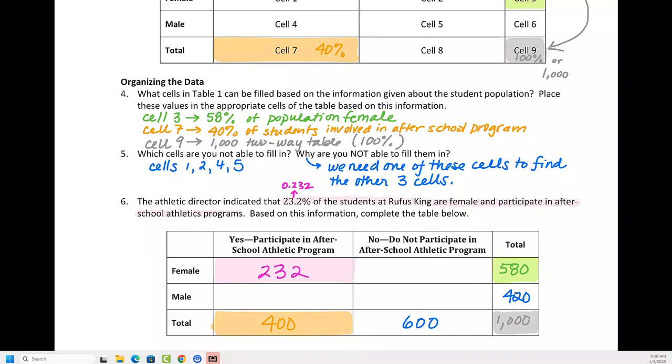So I can see what adds to 232 to get the 400. I'll just tell you that is 168. Then I can go across here. What adds to 232 that equals 580? I'll tell you that's 348.